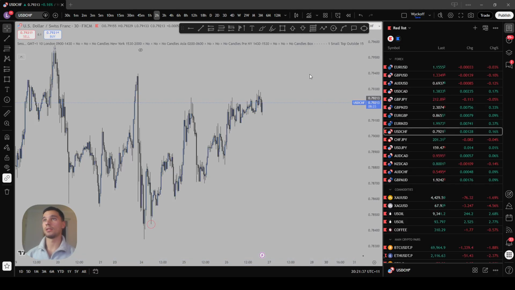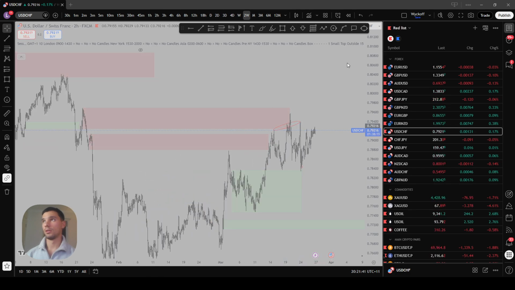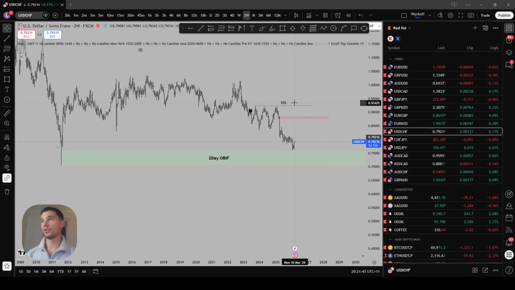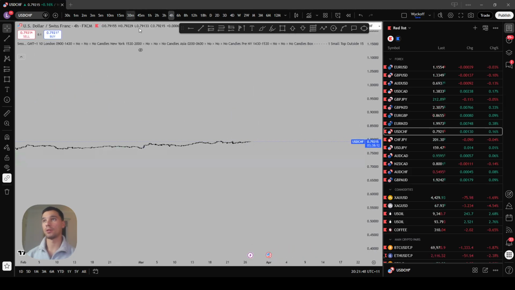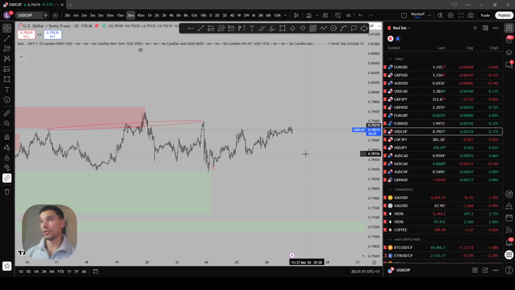USD against the Swiss franc. Contextually speaking here, we are close and nearing this 2-day OBIF still. I would like to look for distributions.